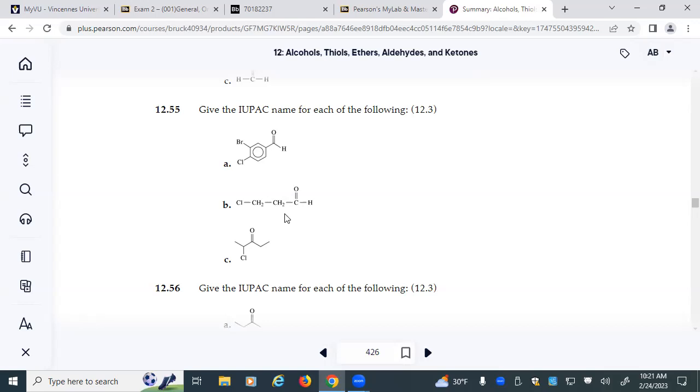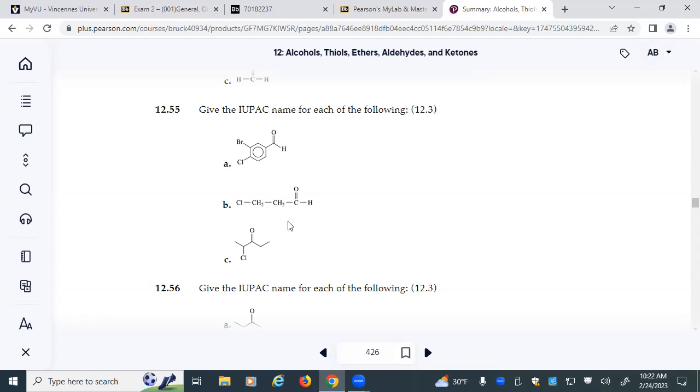So yes, for the first 4 aldehydes, you need to know those, and that is something that we did talk about. It's formaldehyde, acetaldehyde, propionaldehyde, and butyraldehyde. Those are the 4.